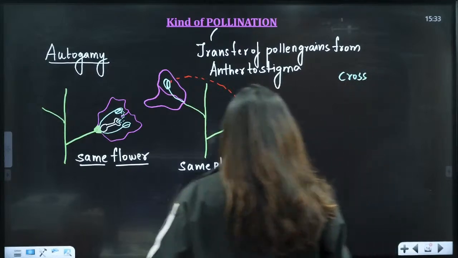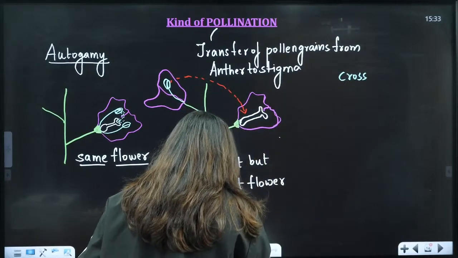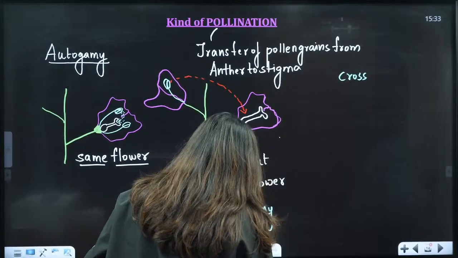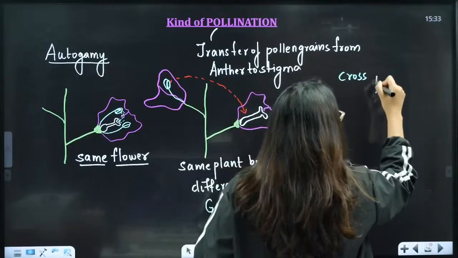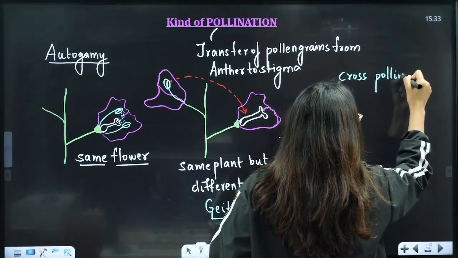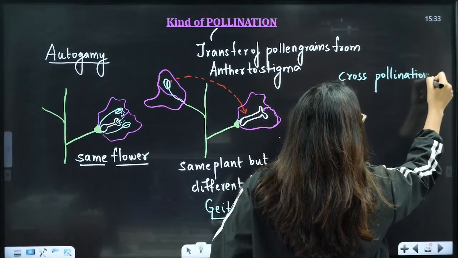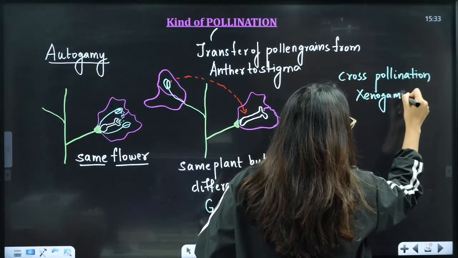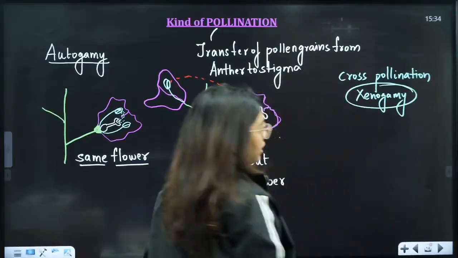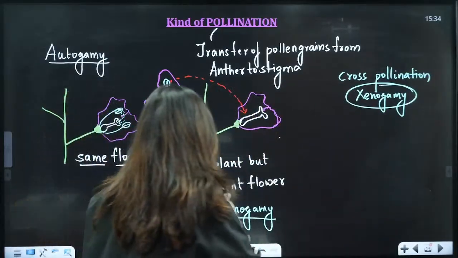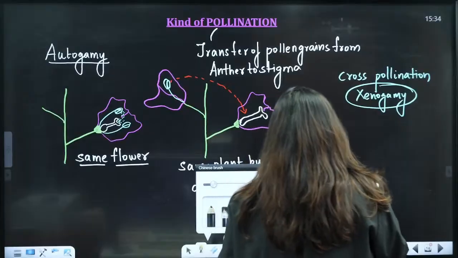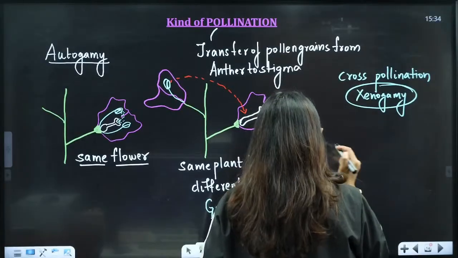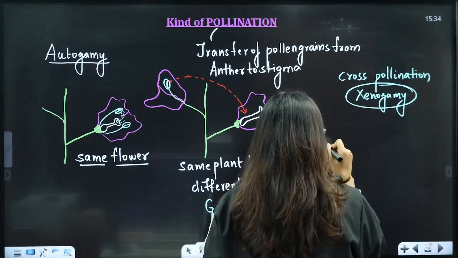So, students, what we call this is geitonogamy. Now here we call it cross pollination, or xenogamy. Xenogamy. Now look here. Here we have one plant and another plant.